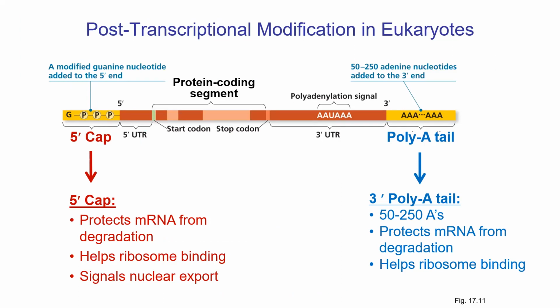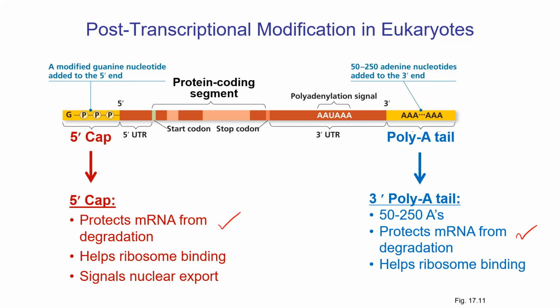Both of these things are protective. Like I said, RNA is a fragile molecule and it likes to degrade from the ends. So both of these help the RNA to not degrade as quickly from the ends. That's the first thing to know: they're important to protect from degradation. The other thing to know is that they're also kind of like handles.